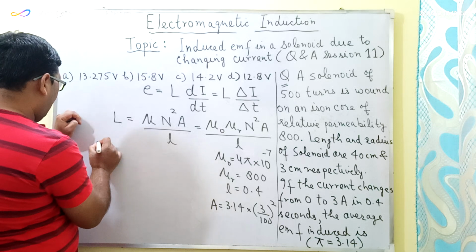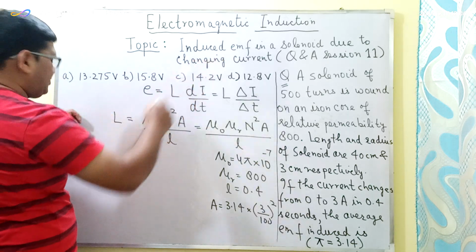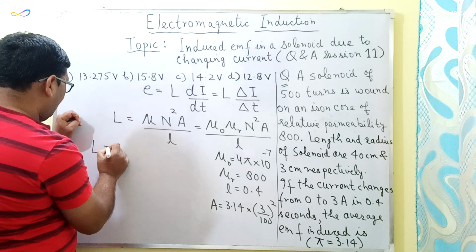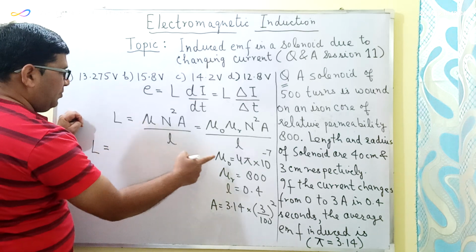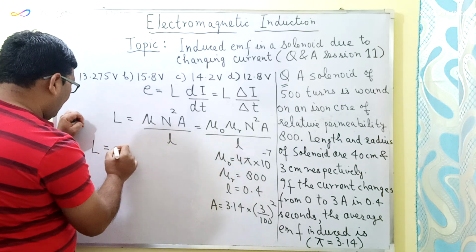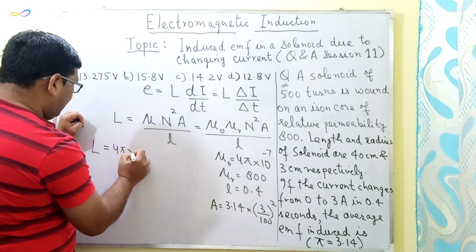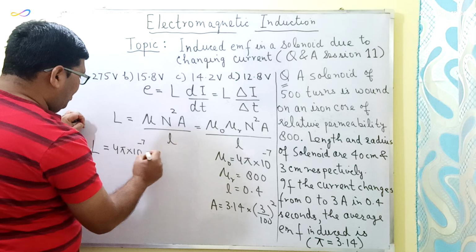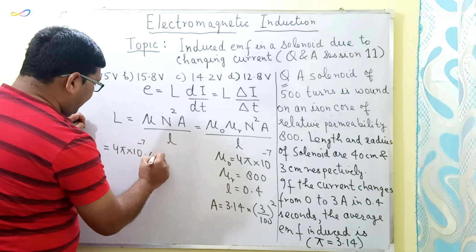Here it is a solenoid. So the self-inductance of the solenoid will be: mu naught is equal to 4 pi into 10 to the power minus 7, sorry. Mu r is equal to 800.